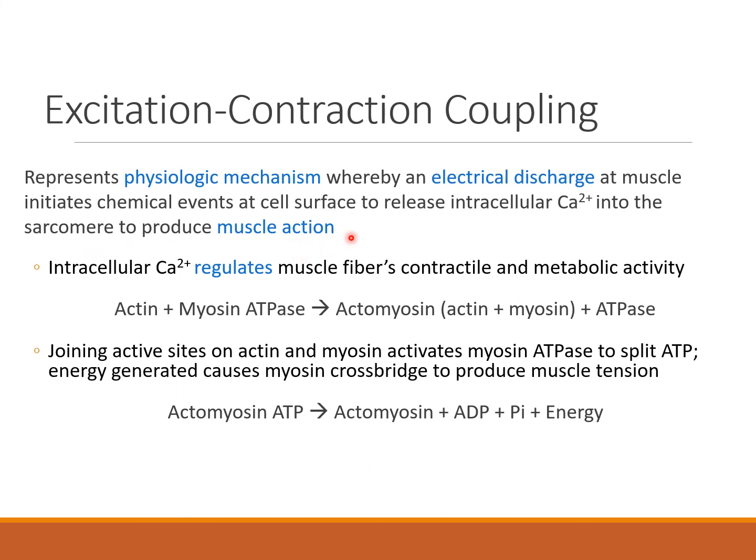When we get that neurological excitation, it's going to excite the T-tubule and it's going to release calcium out into the sarcomere so that the calcium can regulate the muscle fiber's contractile and metabolic activity. Essentially what calcium is doing is freeing up the actin sites so that myosin can attach to it. So don't worry about these formulas too much and just focus on the process of how this all happens.